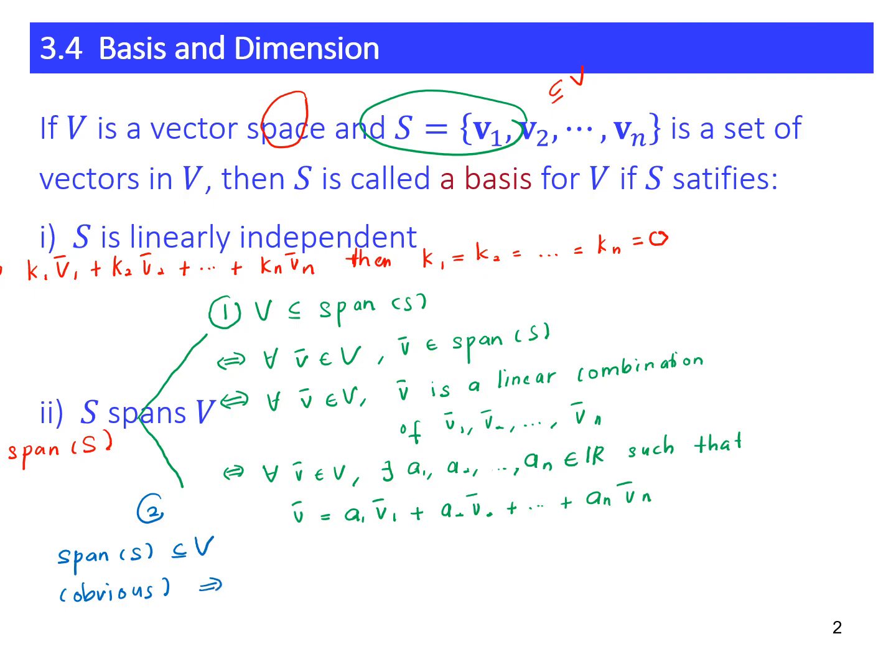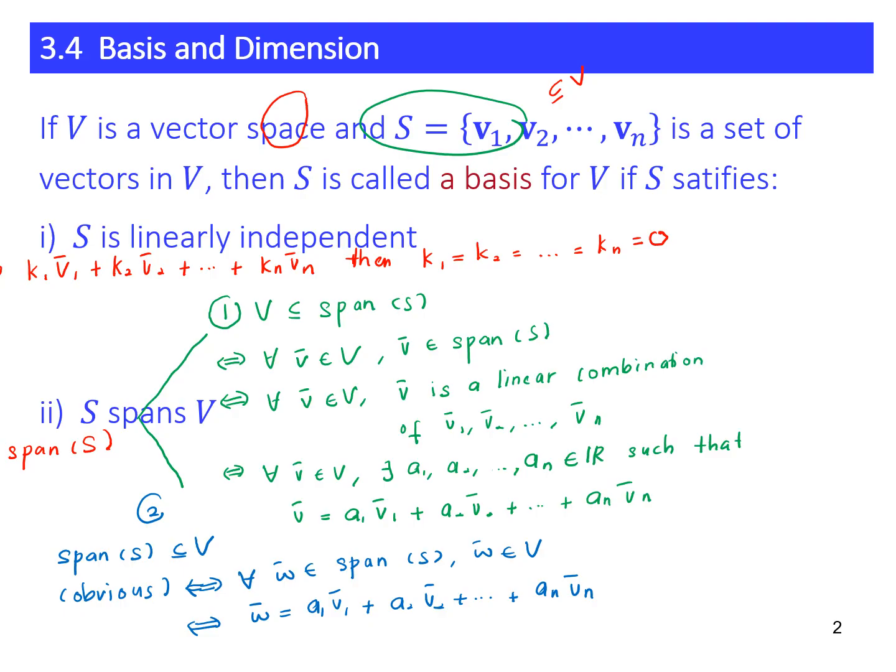This is because span S subset of V means that for every W in span S, the vector W is also in V. And this is straightforward because W in span S means that W is in the form of a linear combination of vectors in S: A1 V1 plus A2 V2 plus up to An Vn for some scalars A1, A2 up to An.